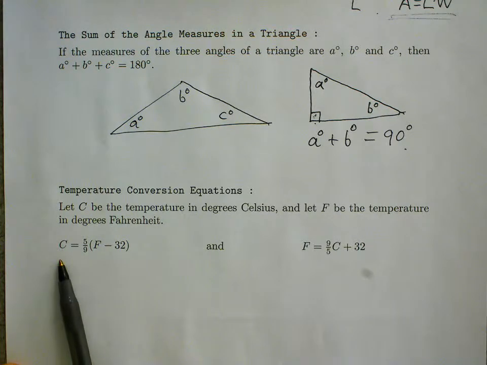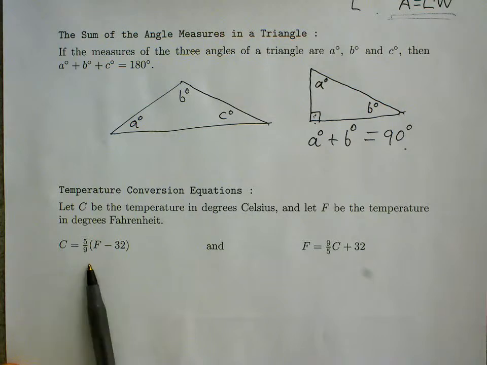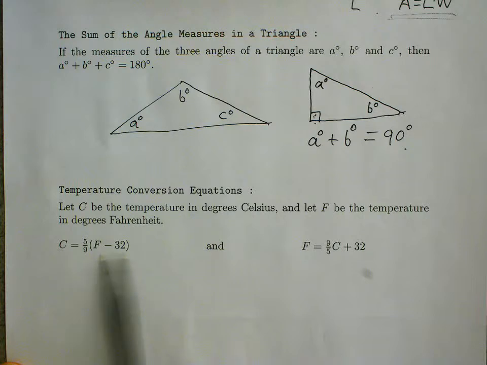So I have capital C equals 5/9 times the quantity F minus 32. Since I have a factor of 5/9, factor meaning that I'm multiplying 5/9 times an entire quantity, we could refer to F minus 32 as a binomial.